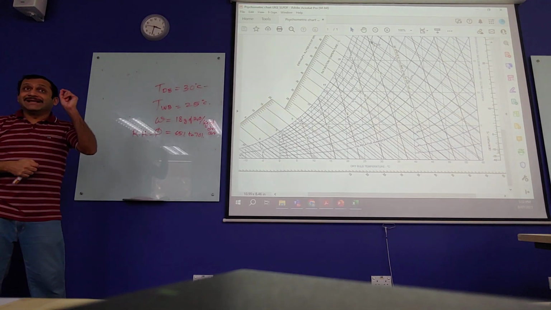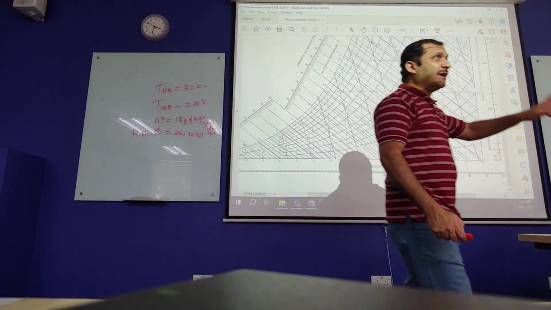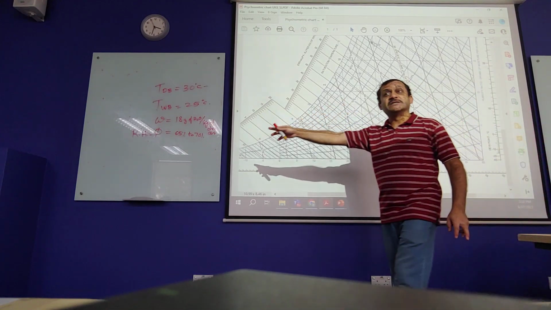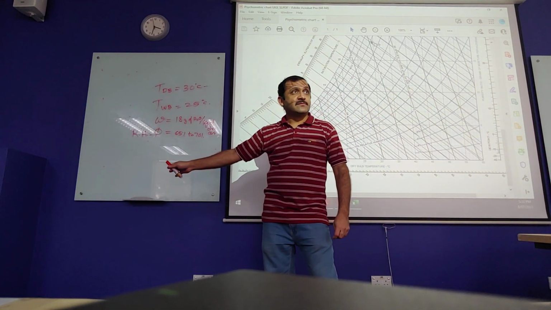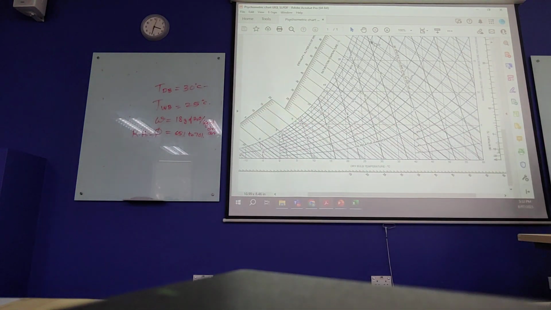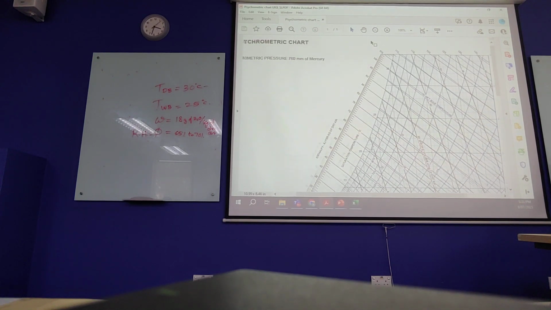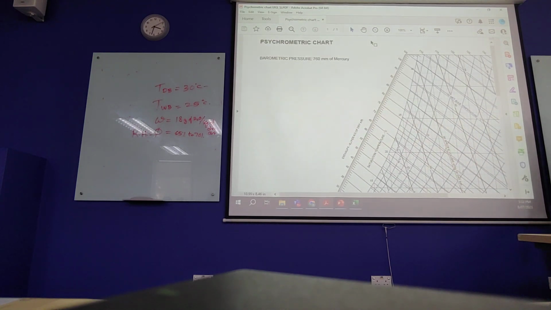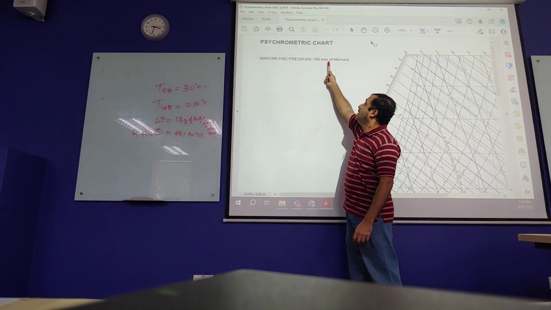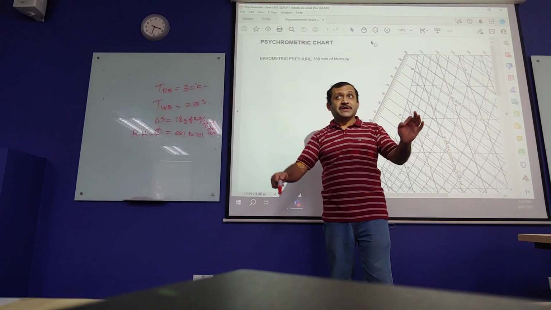Now, reading these graphs is one thing, but what I want you to be able to do is not just read those graphs, but calculate all these properties using equations. Why? Because those graphs are limited to a specific pressure. For example, this graph can only be used if the total pressure, or the atmospheric pressure, was equal to 760 millimeters of mercury, which is 101.325 kPa.